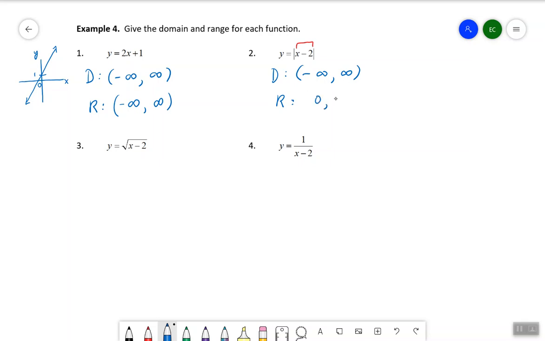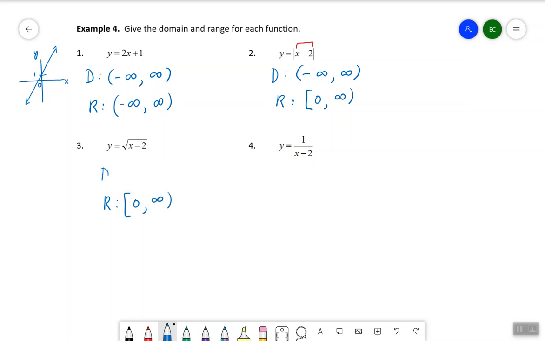And so the result, the y value, the range, is the set of positive numbers and 0. And so there we have it. It's a similar idea for the range in number 3. When you take the square root, you always get a positive number. And so the range here would be 0 to infinity.